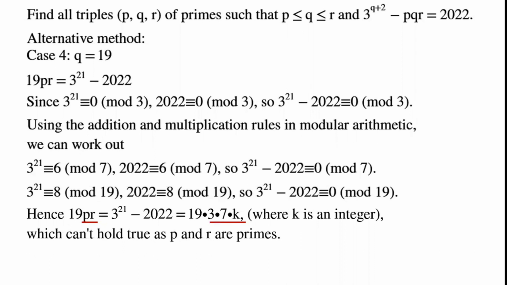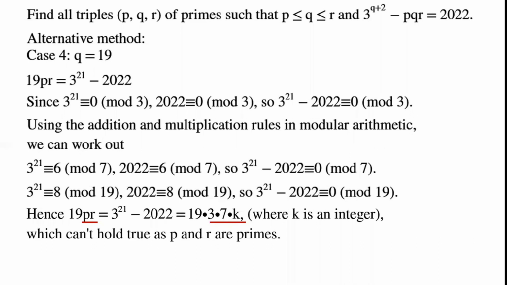Hence, 19PR equals 3 to the power of 21 minus 2022 equals 19 times 3 times 7 times k.